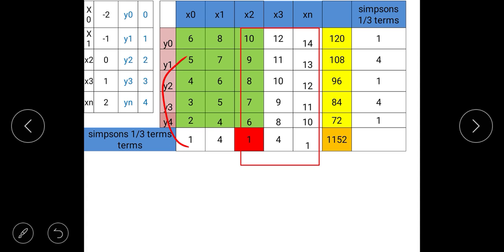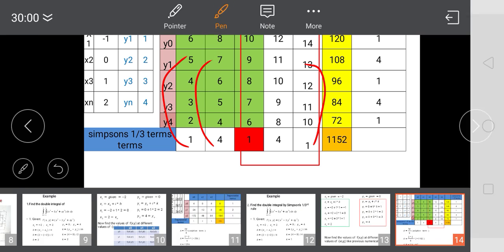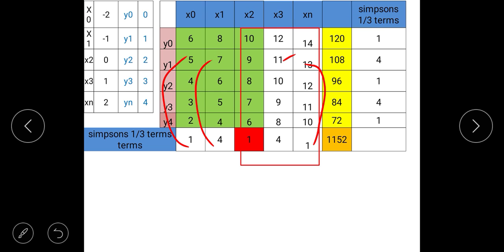It means 5 plus 13 plus 4 into odd terms, 4 into 7 plus 11, plus 2 into even terms, 2 into 9. You will get 108. Like this, complete this table: 120, 108, 96, 84, 72. You will get all these numbers after one integration.